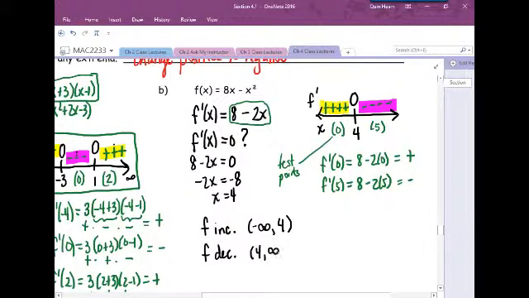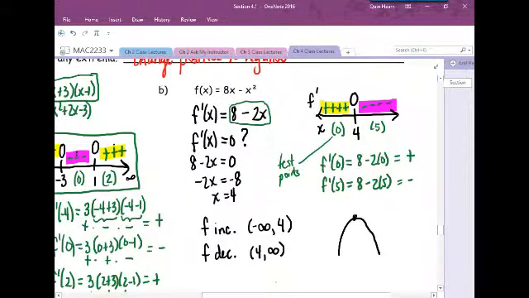And f is decreasing where we have negative values. Where do we have negative values? To the right of 4. So that would be the interval from 4 to infinity. All right, so just to visualize what this graph looks like, it increases up till 4 and then decreases after that.